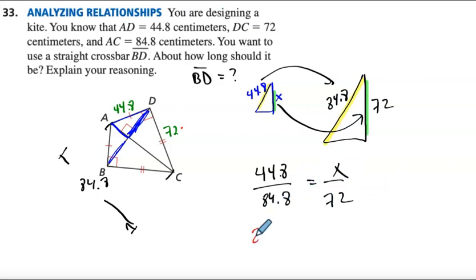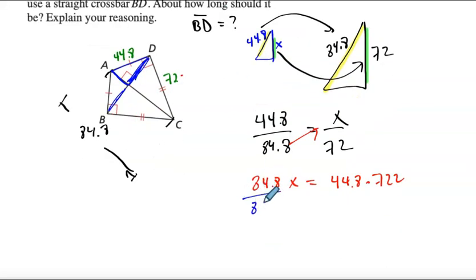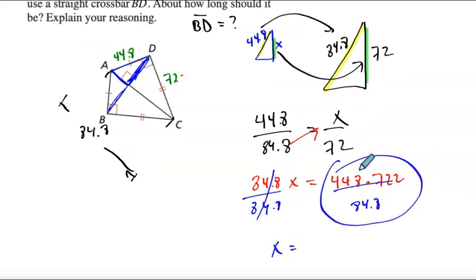Then when I cross multiply, 84.8x equals 44.8 times 72. Then I'm going to divide by 84.8 on both sides, so x is equal to whatever that is. I plug that into my calculator and get about 38.0377.